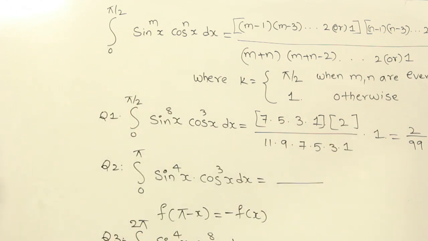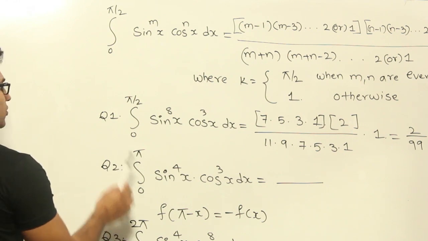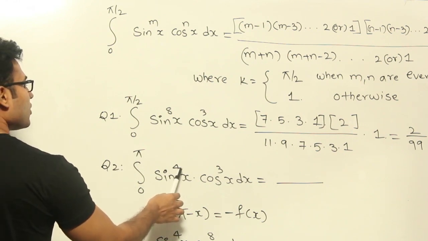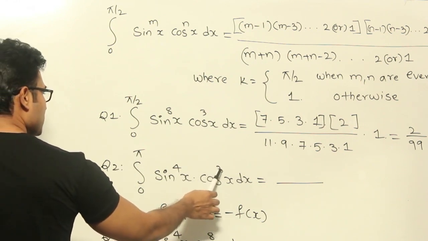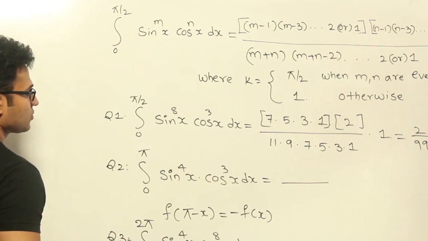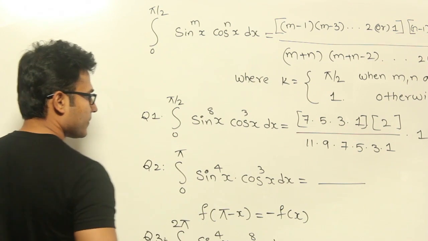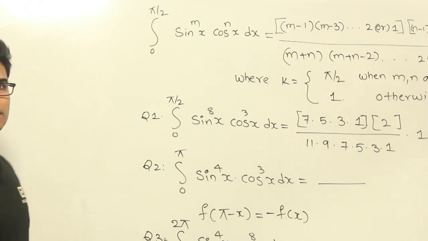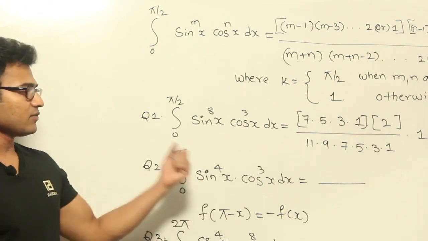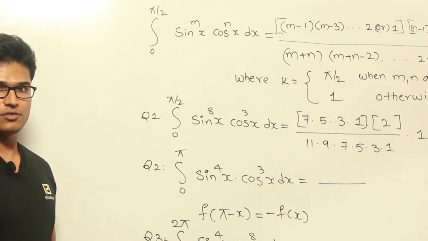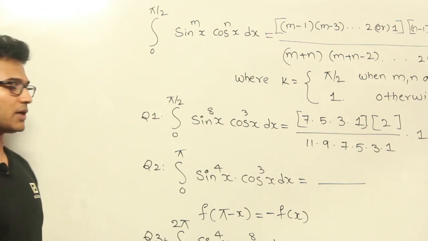Got it? Now the next question is integral 0 to pi of sin power 4x into cos cube x dx. There is a property that if it is an odd function, it is going to be 0, otherwise if it is an even function, it is going to be 2 into integral 0 to pi by 2.